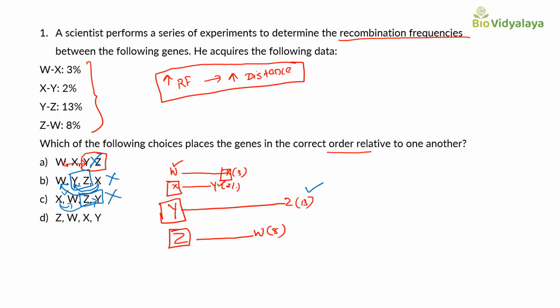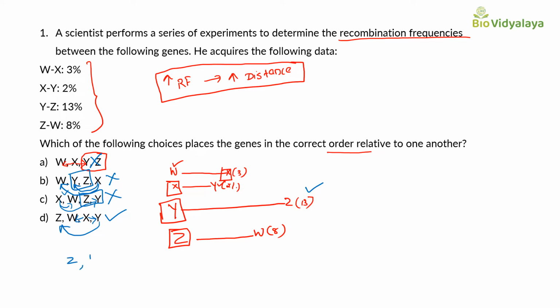Here you can see that gene X is closer to W and it is also closer to Y. This is correct. And the distance between Y and Z is too large. Okay, they are not closer. So this is also correct. So the correct answer is option D. So what is the order?